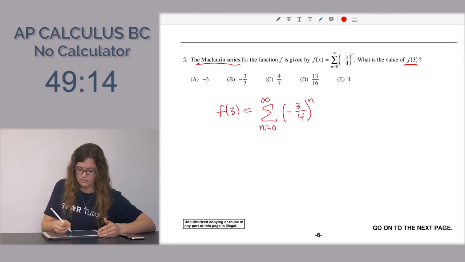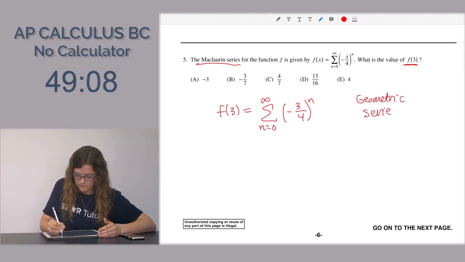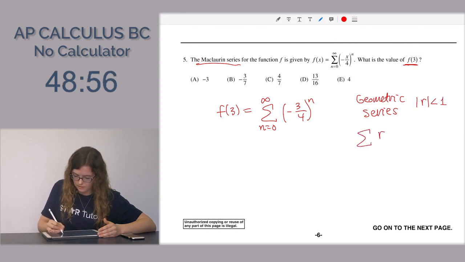Okay, so I notice that this is a geometric series, which luckily has a formula so that you can actually compute it. Geometric series only converge when the ratio that you're using has absolute value less than 1. And when that's true, the sum of r to the n from n equals 0 to infinity will converge to 1 over 1 minus r.